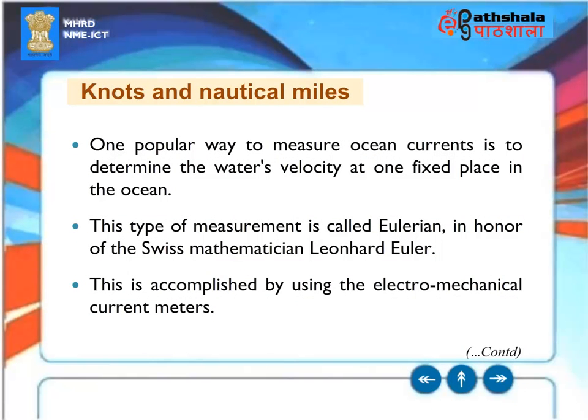One popular way to measure ocean currents is to determine the water's velocity at one fixed place in the ocean. This type of measurement is called Eulerian, in honor of the Swiss mathematician Leonhard Euler. This is accomplished by using electromechanical current meters.